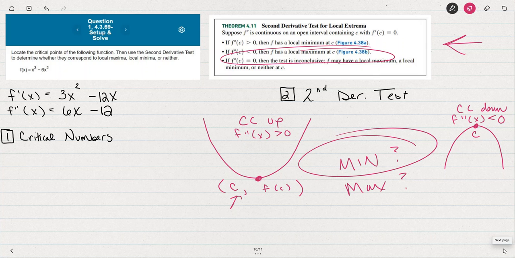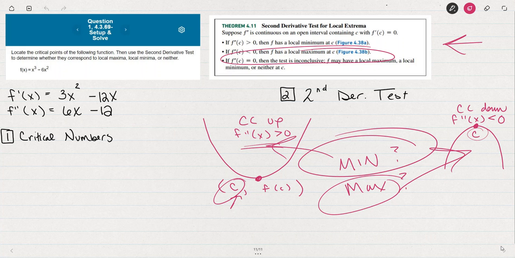It means that if we have a critical number on an interval that's concave up, then that critical number, if it is a max or min, it's going to be a min. If we have a critical number, c, on an interval that is concave down, and we're trying to determine, is it a max or a min, it's going to be a max, right? And that's all that it is.